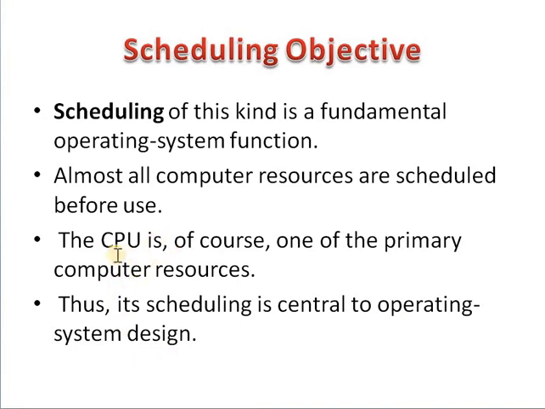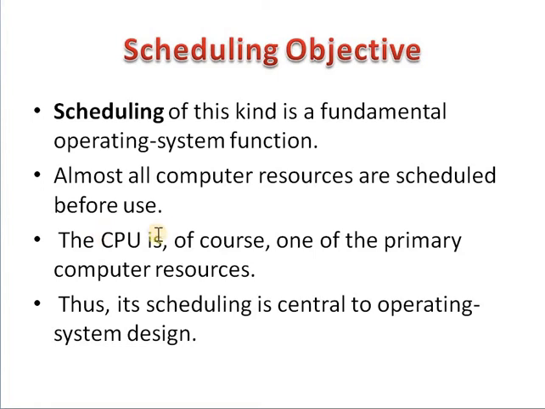CPU scheduling is very important in operating system design, because the CPU is the central processing unit. In this unit, the different operations are executed. All the operations are performed in the central processing unit.